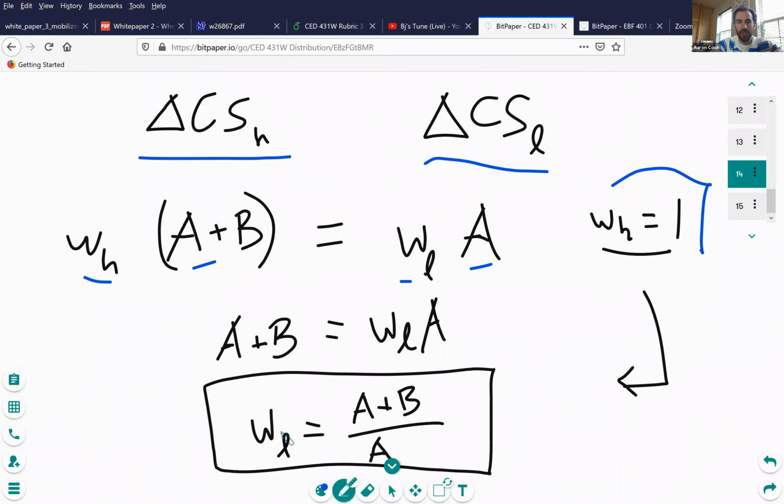And so in this case, you have some losses to high income households, A plus B. You have some losses to low income households, A, according to the changes in consumer surplus that they experience, say under a carbon tax or under some policy that makes energy more expensive. And then you set WH equal to 1, solve for WL, and that would just be the ratio of change in consumer surplus to high income individuals to change in consumer surplus to low income individuals.